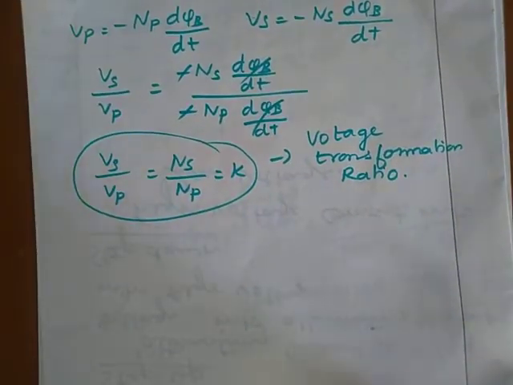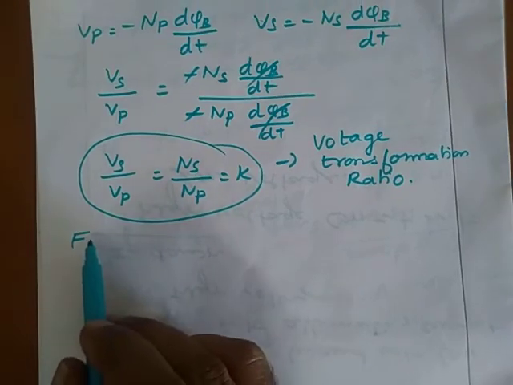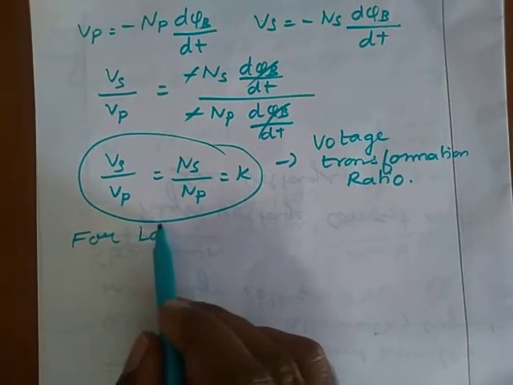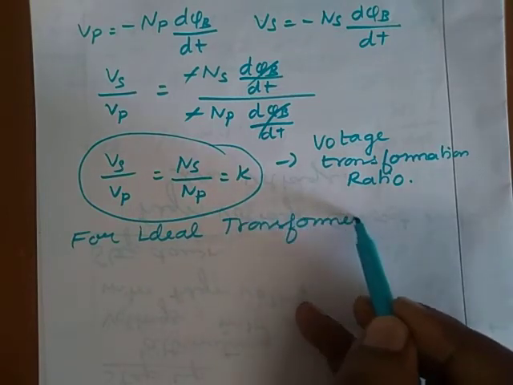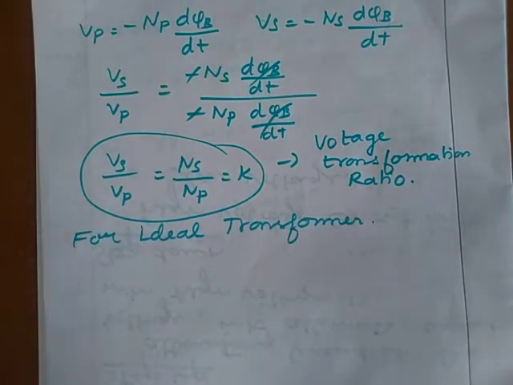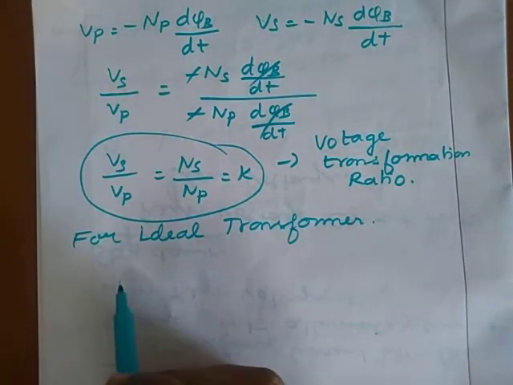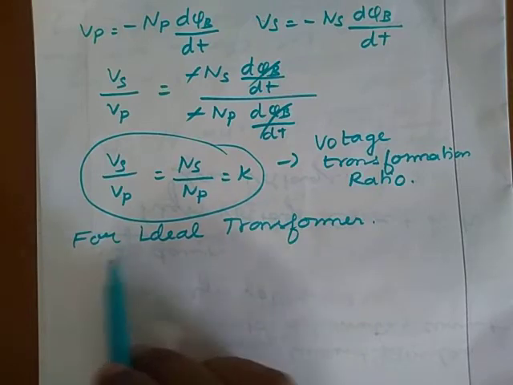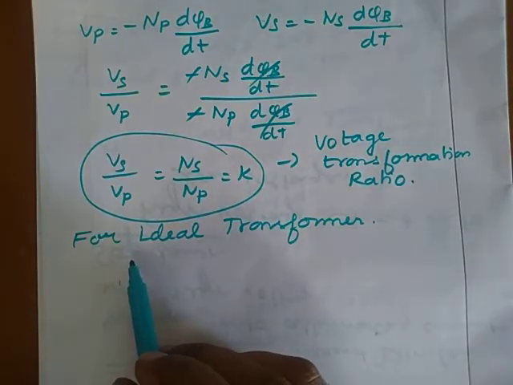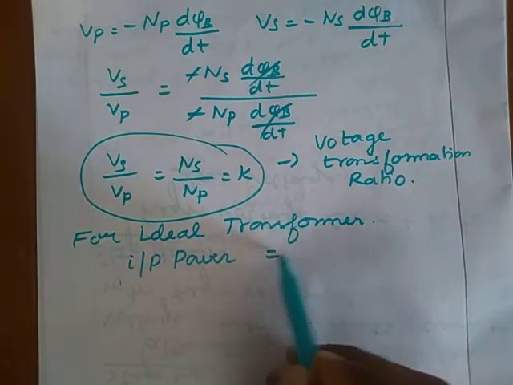Now let me see the ideal transformer. That means there is no power loss for an ideal transformer. Whatever the applied power is equal to the delivered power, that is meant by an ideal transformer. Here the input power is equal to output power.